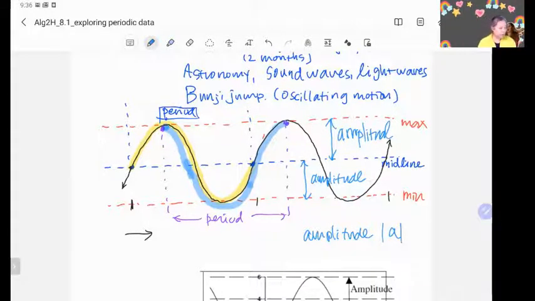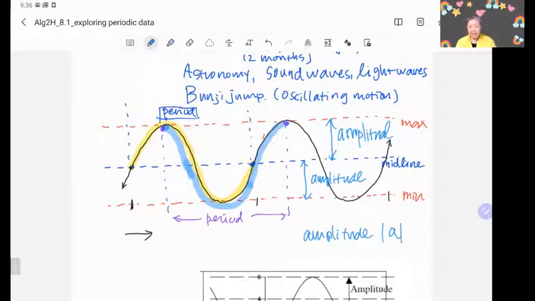That's pretty much it. Later, we will talk about phase shift and midline changes, but that's nothing but shifting. Imagine that you take a certain period or even a certain part of this periodic data graph, and shift it to the right or to the left, or move it up or down.